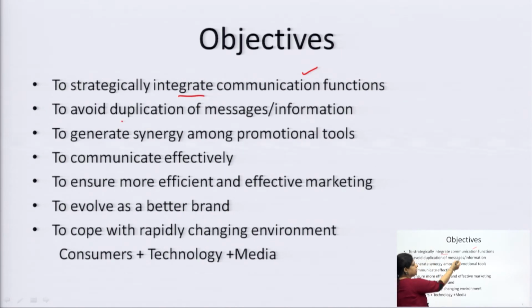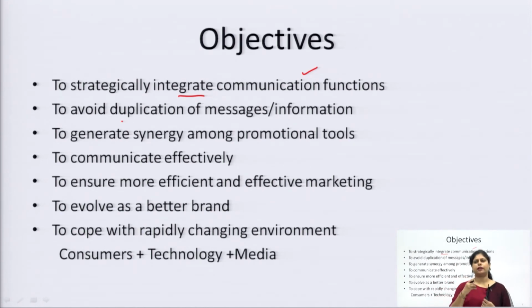To avoid duplication of messages and information, that means to ensure that we are communicating in similar patterns. It should not happen that on one platform again we are communicating the same thing, then the repetition is there, repetition of efforts, repetition of planning, repetition of the complete function also, right. So, duplication should be avoided.